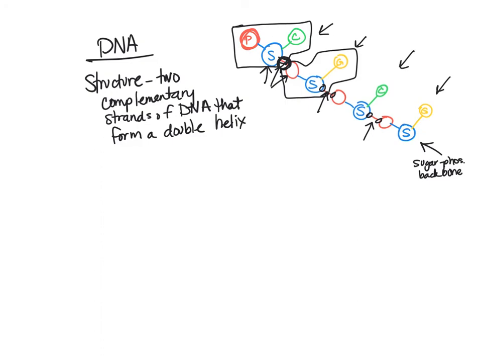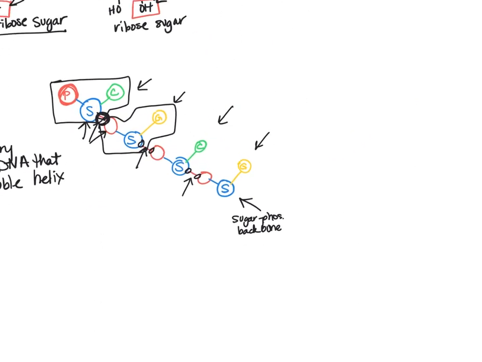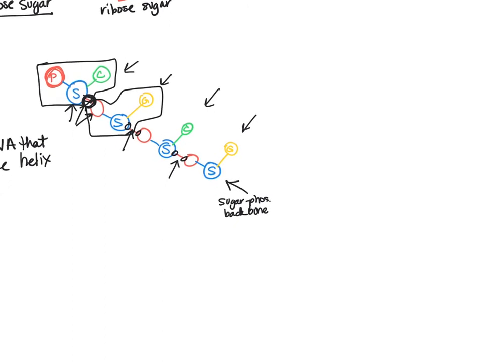So if we were to move this over for just a moment, we can get rid of some of these arrows here. What we would see then is that we have another strand on the opposite side. And so there is a phosphate attached to a sugar, attached to a phosphate, and sugar, and phosphate, and a sugar, and a phosphate, and a sugar.